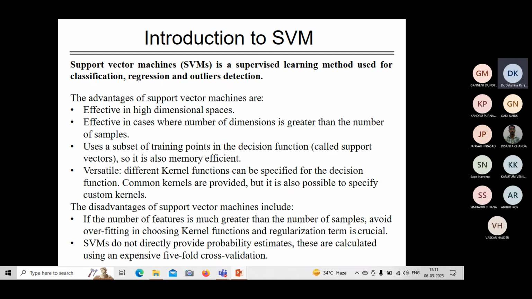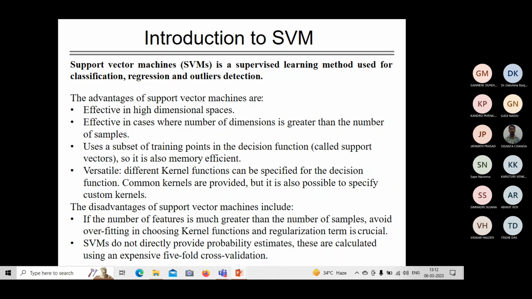Now, if we look at the merits and demerits of support vector machines, then we can see that it is found to be effective in high dimensional spaces. If we apply support vector machines in high dimensional space, then it will be used effectively. It will be effective in cases where the number of dimensions is greater than the number of samples.